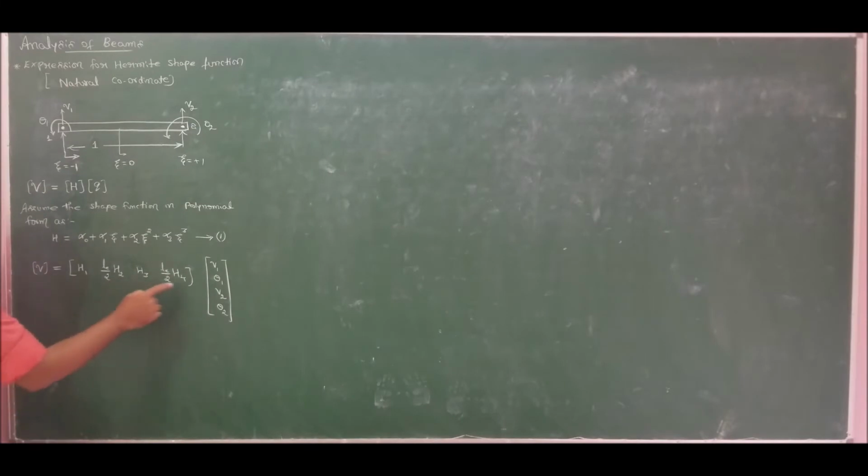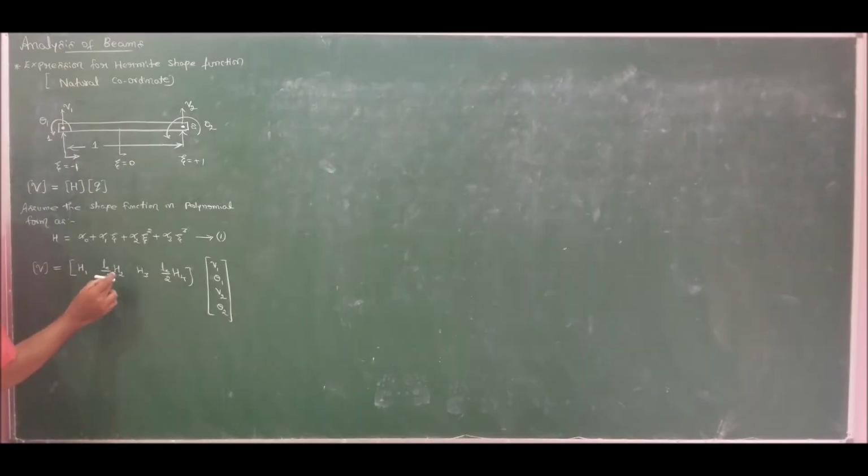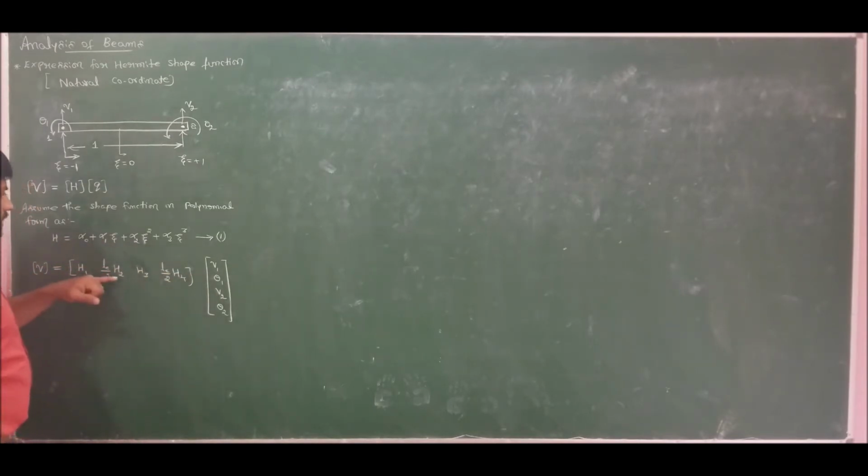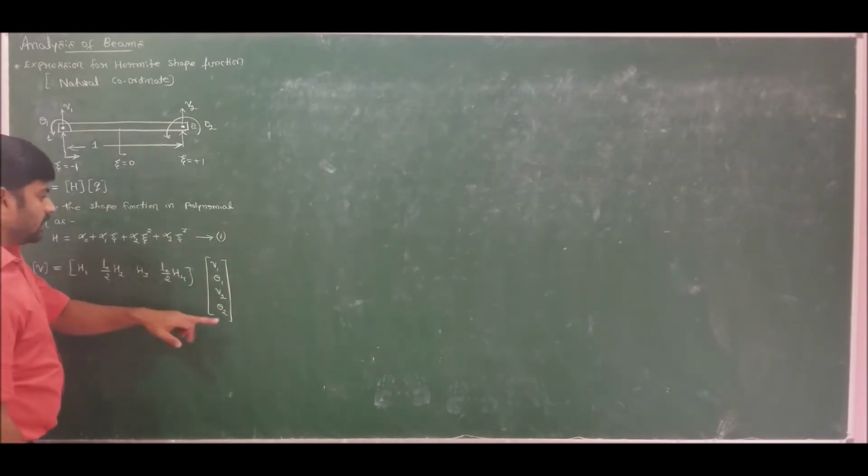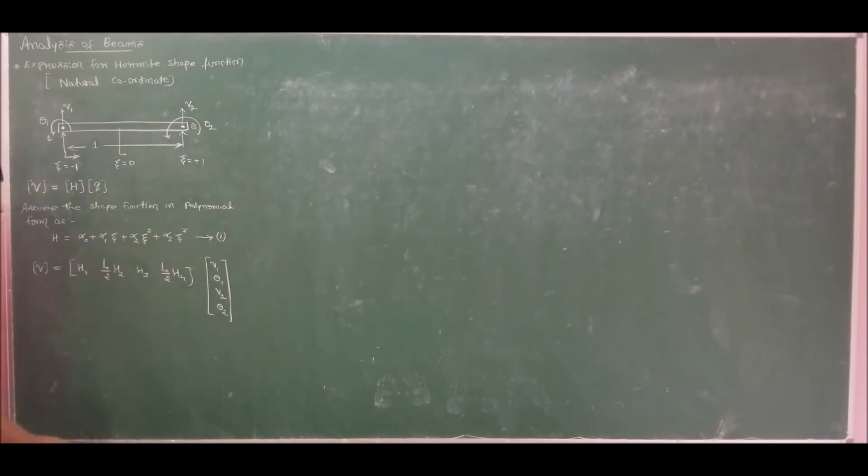Now h2 and h4 are nothing but derivatives with respect to zeta, whereas h1 and h3 are given by this expression directly because h1 and h3 correspond to v1 and v2, whereas h2 and h4 correspond to theta 1 and theta 2. So let us go one by one now to find h1.